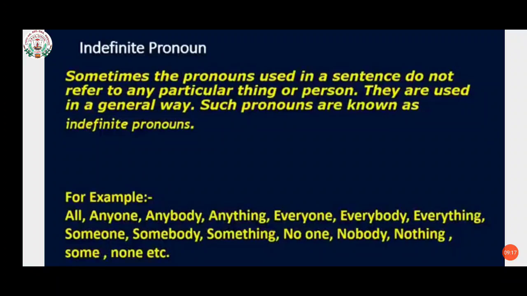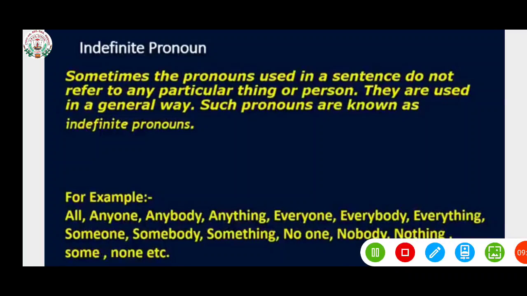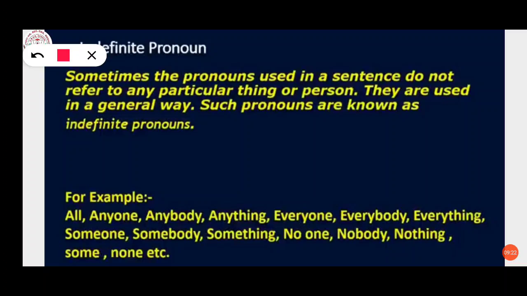Sometimes the pronouns used in a sentence do not refer to any particular thing or person. They are used in a general way. The pronouns that we use in a sentence that do not refer to any specific things or person are used in a general way.